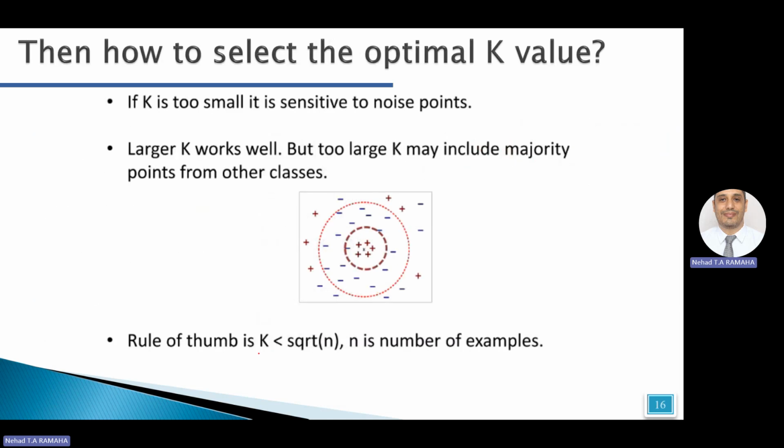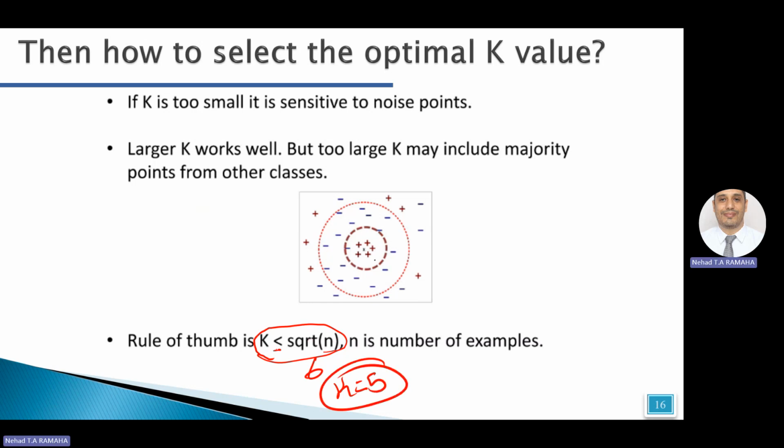We have this rule: K is less than the square root of N, not more. I was taking the next odd, but I should take the previous odd. So if the square root is 6, for example, then we will take K as 5.